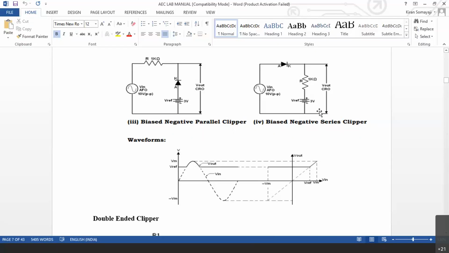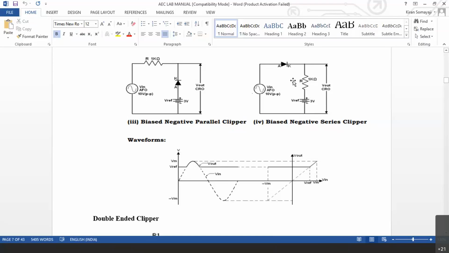Now in the negative series clipper, diode is connected in the other direction. So you can see there, here this diode is reverse biased. You can see the cathode is connected to positive terminal of the battery. So this diode remains reverse biased always. This diode will conduct only when the anode voltage is more than the cathode voltage.